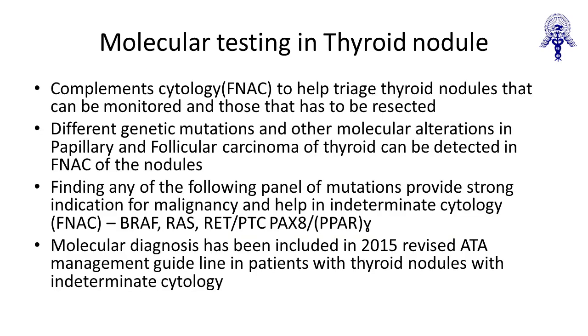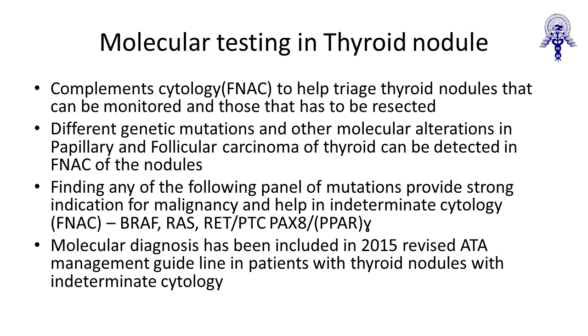Okay. So just a few points about molecular testing. Fortunately, from the few cells that are aspirated during FNAC, a molecular diagnosis, a genotyping, is possible, and finding any of a panel of mutations provides a strong indication of malignancy and helps in indeterminate cytology.